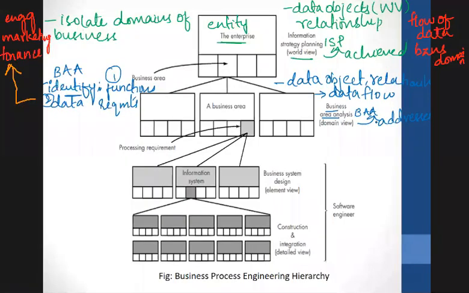Now one more thing that this BAA is going to do is, as the world view has isolated the different domains of business, this BAA is going to isolate the different opportunities within the information system. Let me write it down.